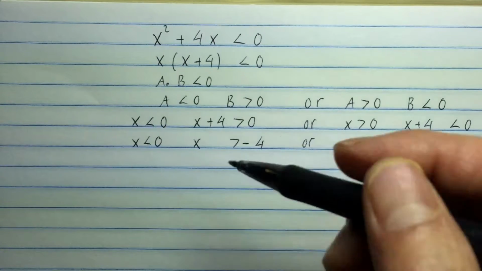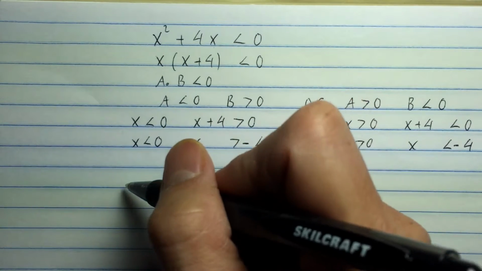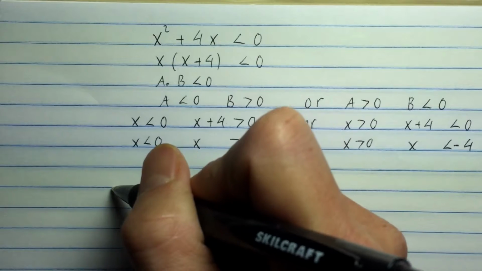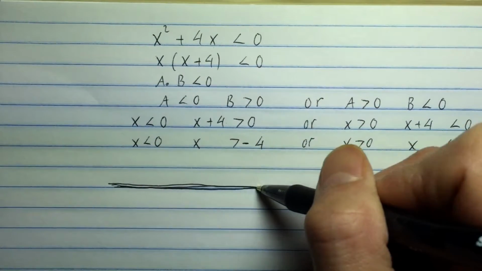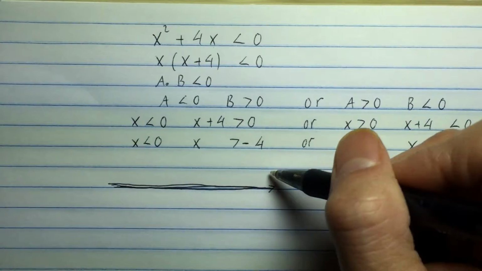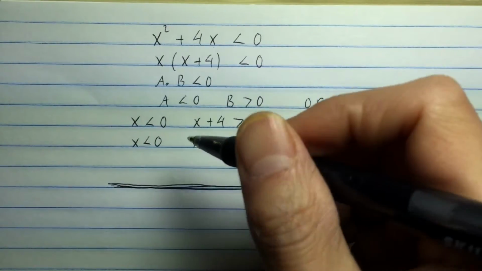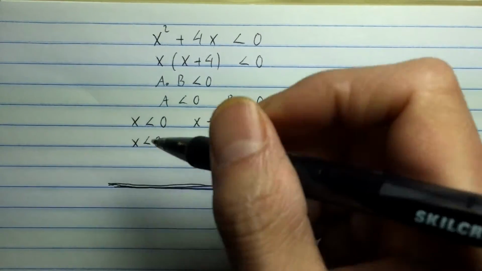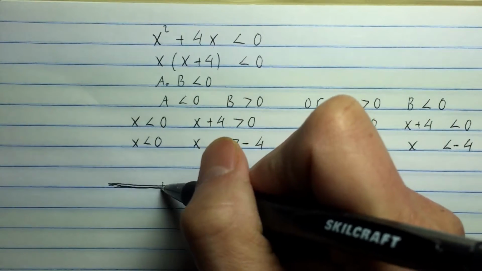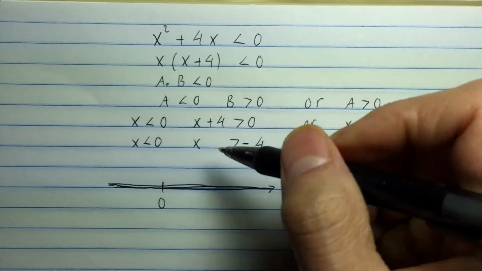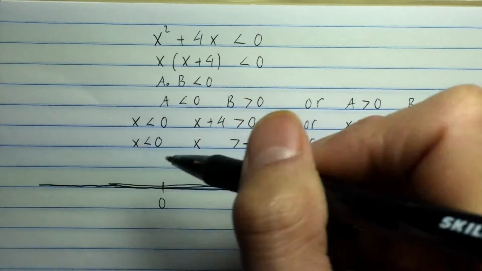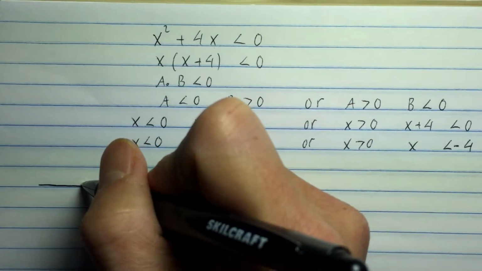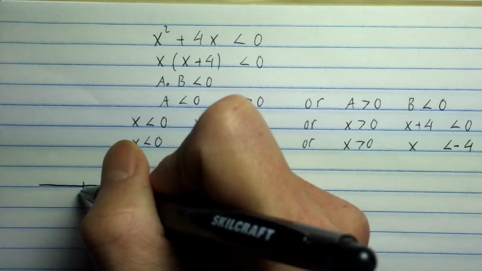So now I draw the graph for x. Zero and x equals minus 4 here.